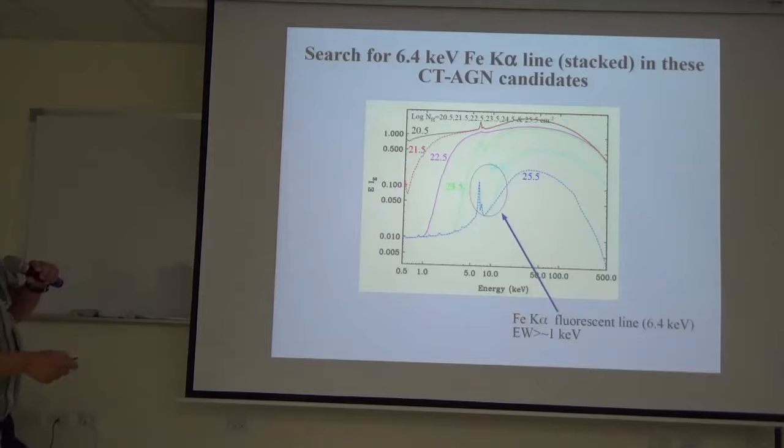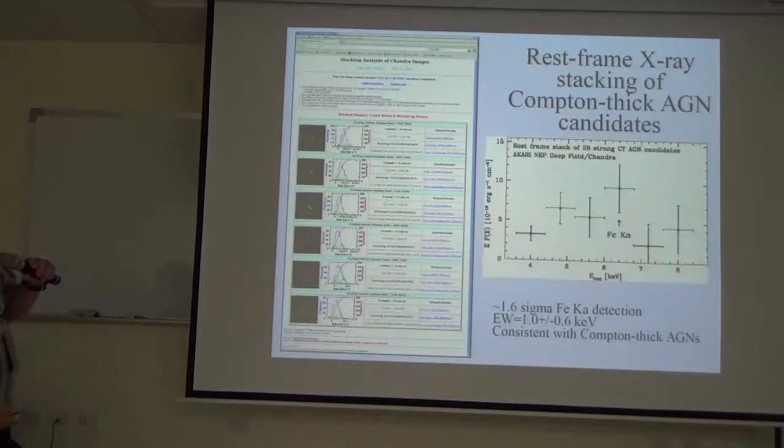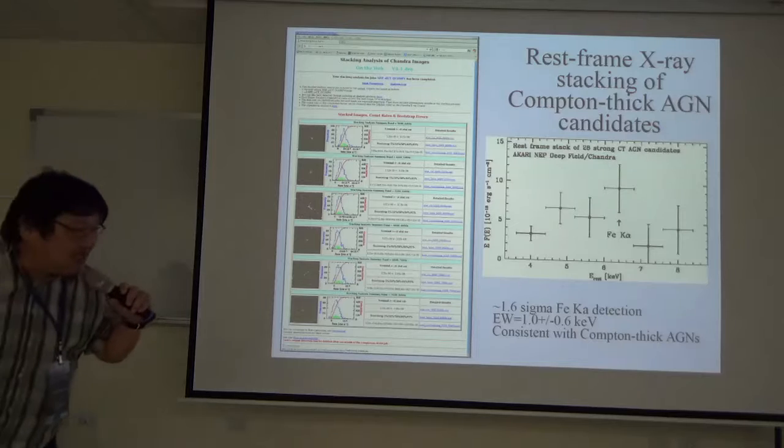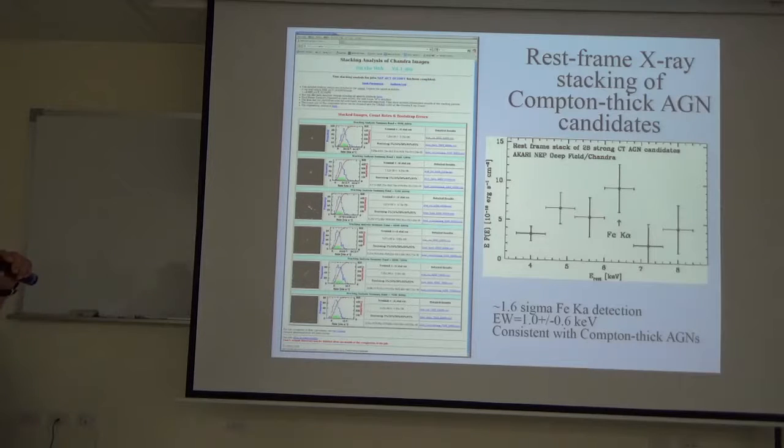So what we did was stacking: this is the stacked spectrum of these 28 AGNs in the rest frame energy. And what we got is this. It's just about 1.6 sigma.